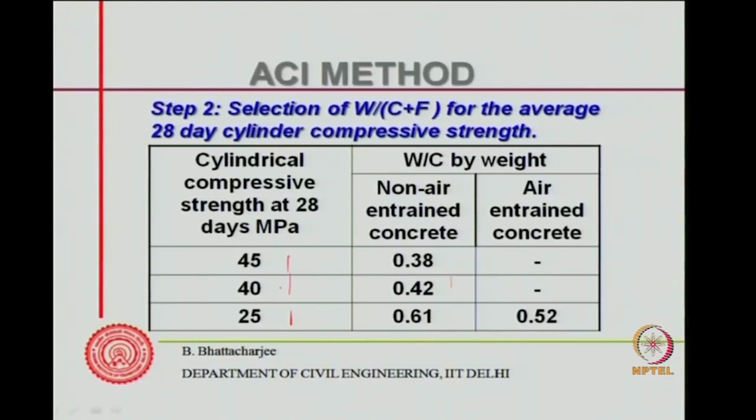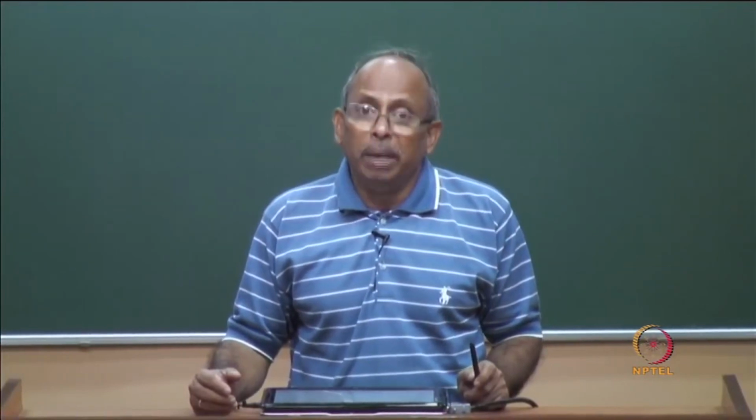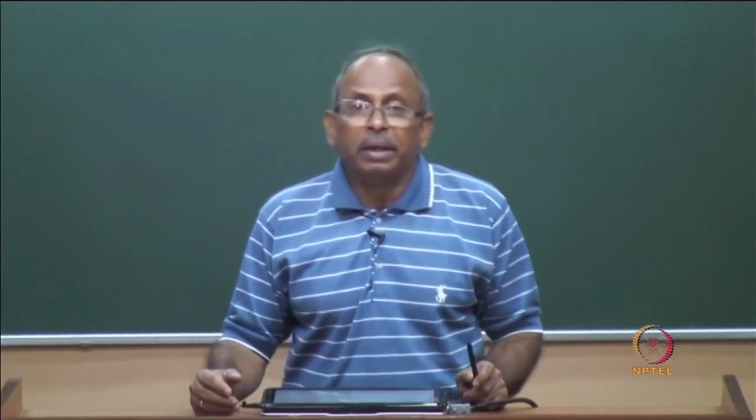This is actually average 28-day cylinder compressive strength, which is something similar to our target mean strength, except for the fact that it is actually cylinder strength. And perhaps we have not discussed this so far, but when we discuss factors affecting strength of concrete, we will be seeing that the specimen shape, especially in terms of L by D ratio, has got an effect on the strength.